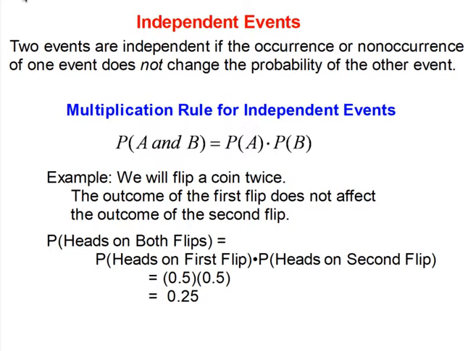For an example, we flip a coin twice. These outcomes are independent because the first flip doesn't affect the second flip. So the probability of getting heads on both flips would be the probability of heads on the first flip, which is 1/2, times the probability of getting heads on the second flip, which is also 1/2. So 1/2 times 1/2 is 1/4.